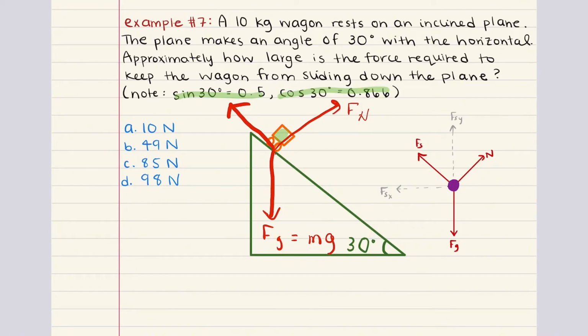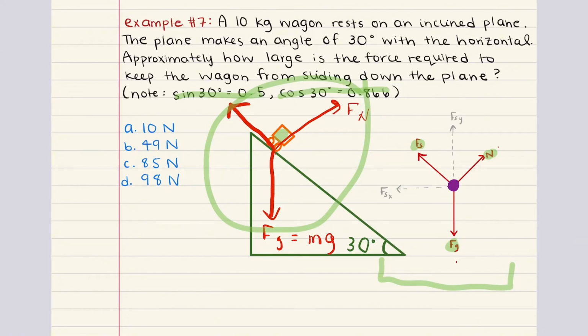wagon down the plane. Now, I've taken these forces and I've drawn it in a more concise way so that it looks like a free body diagram. So this purple dot signals our wagon, and here we've drawn our three forces that act on the wagon: our force of gravity, our normal force, and our static friction force. Now, for our static friction force, for our normal force, for our force of gravity, we can define a coordinate plane.